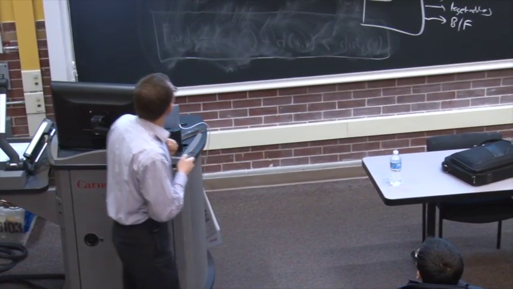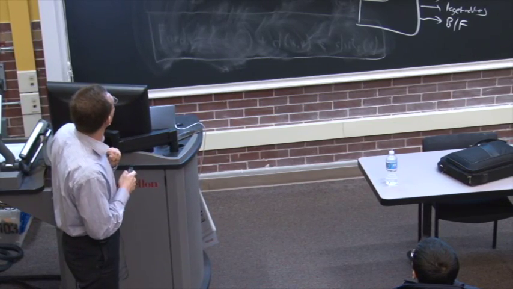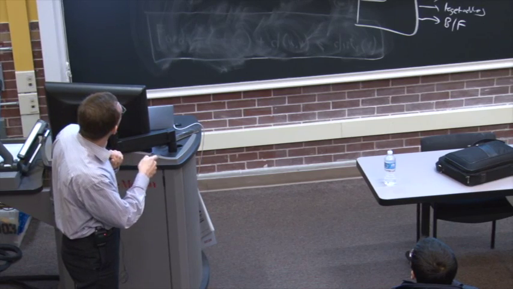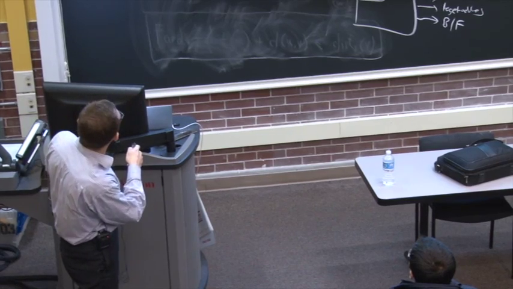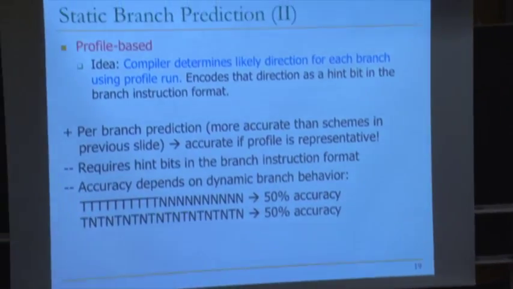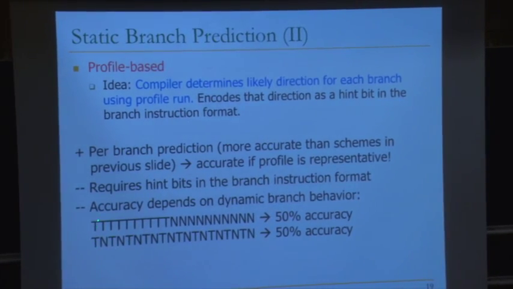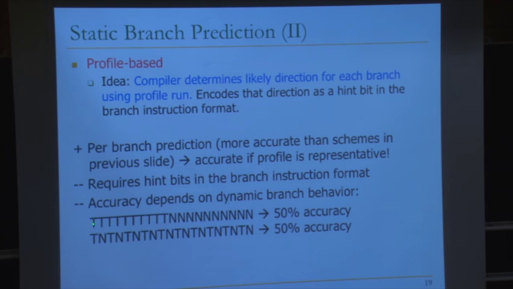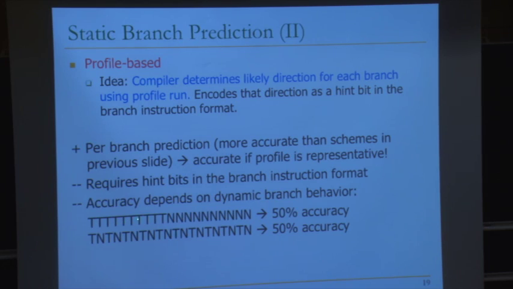Well, there's another downside, actually, because the accuracy of this depends on the dynamic branch behavior. So I'll use this notation throughout the lecture. This is the behavior of a single branch, and this is time. Imagine that as you go from left to right here, we're going through time. The first instance of the branch was taken, next instance was taken, taken.